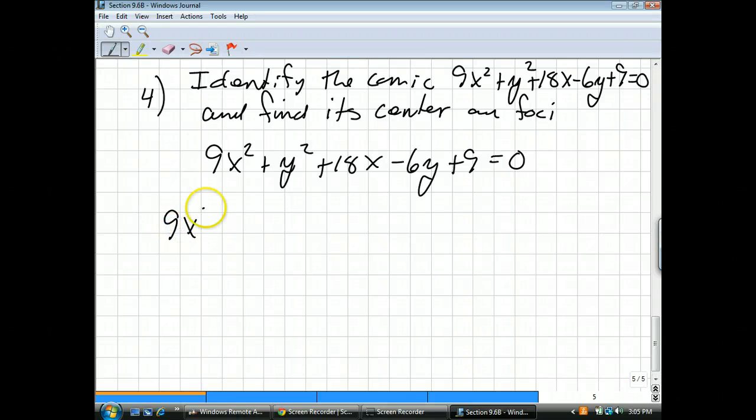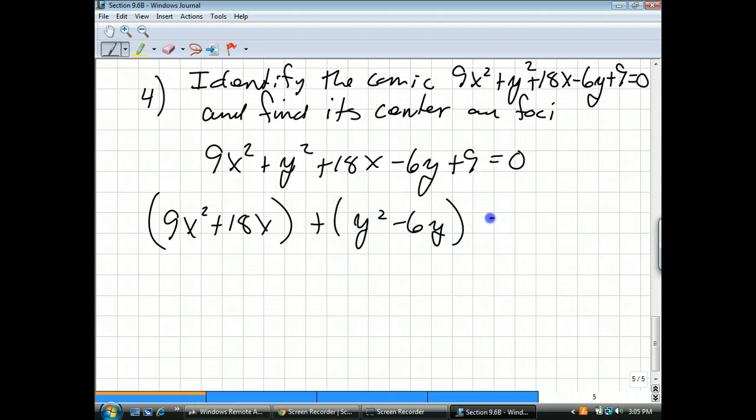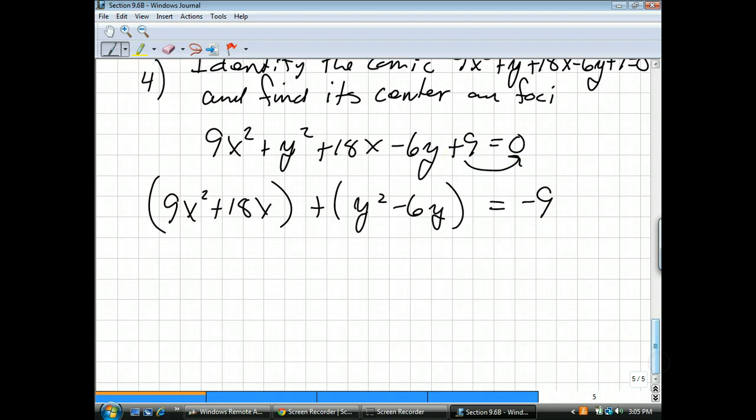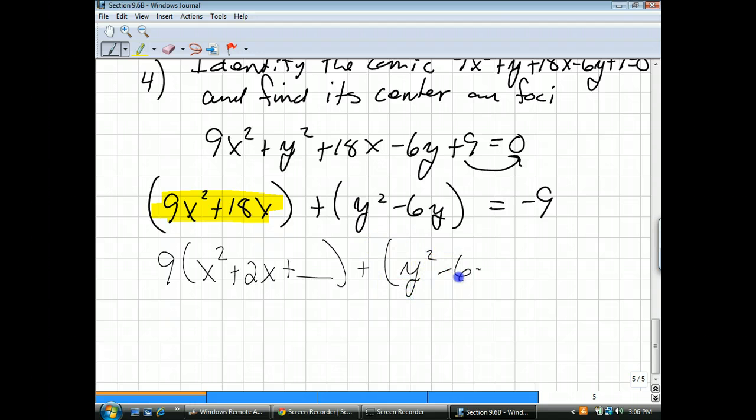So I have 9x squared plus 18x plus y squared minus 6y equals negative 9, because I took this 9 and moved it to the other side. Now what we want to do here is complete the square, but remember we can't complete the square if there's a leading coefficient, so we need to factor out the 9, leave something to add, and for the y squared we need space to add something to make it a perfect square.